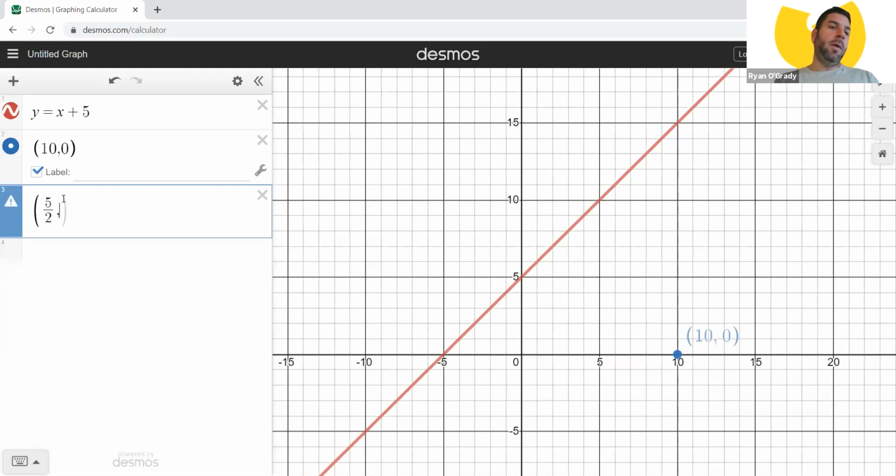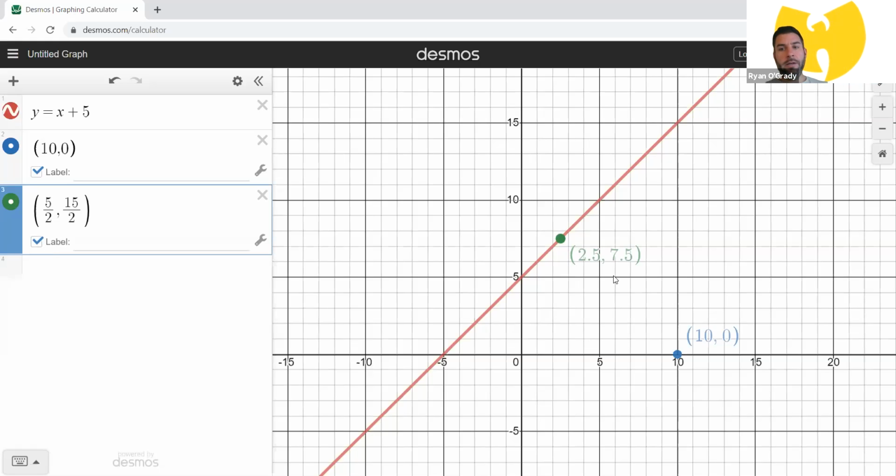Well, the corresponding y value would be 5/2 plus 5, so that'd be 5/2 plus 10/2, which would be 15/2. And of course, once I graph that, that looks a little more realistic, does it not? So this point right here, at least if we look at the graph, looks to be the correct one.